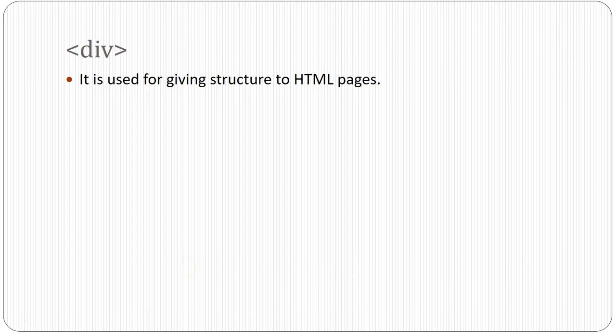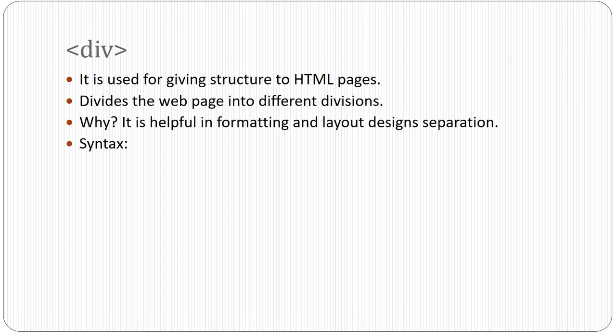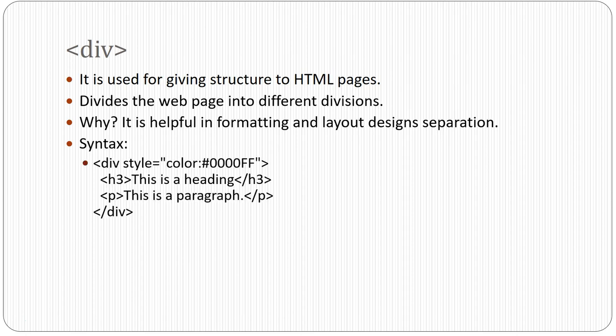Div was used in HTML pages and HTML websites for giving structure, and it actually groups different elements for styling purposes. Now it should only be used when no other semantic element such as article or nav is appropriate.